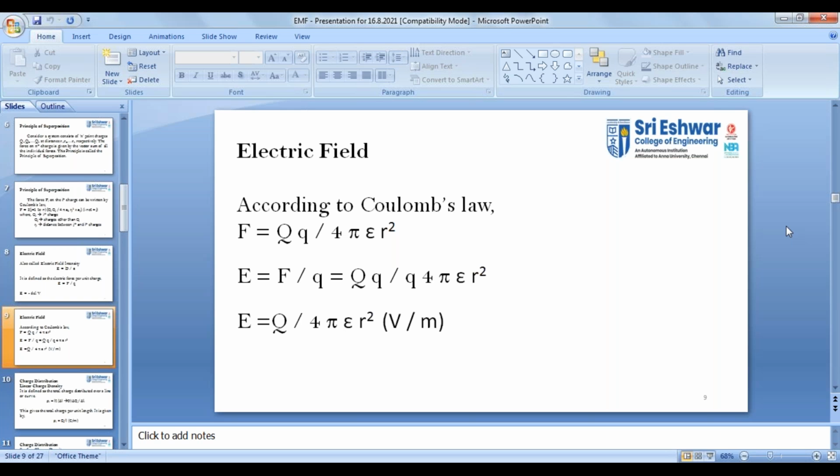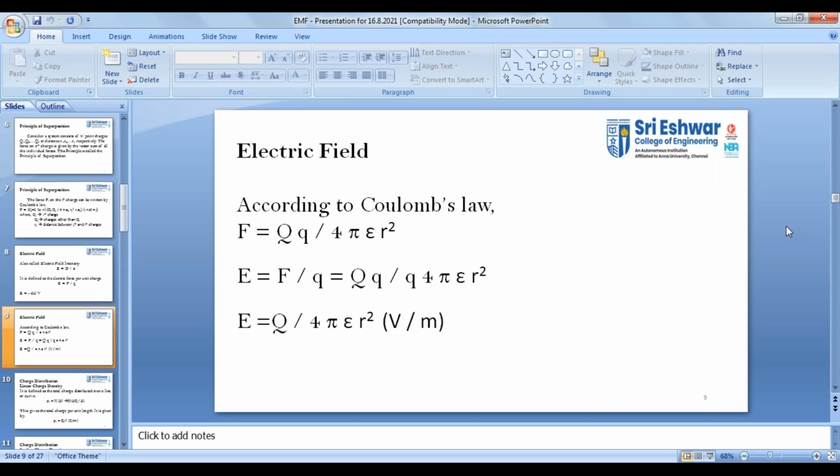So what happens to electric field E now? We know that it is the ratio of force per unit charge, so F by small q. Small q gets cancelled in the force expression, and we get the electric field intensity E as Q divided by 4 pi epsilon r square. The unit of electric field is volt per meter.